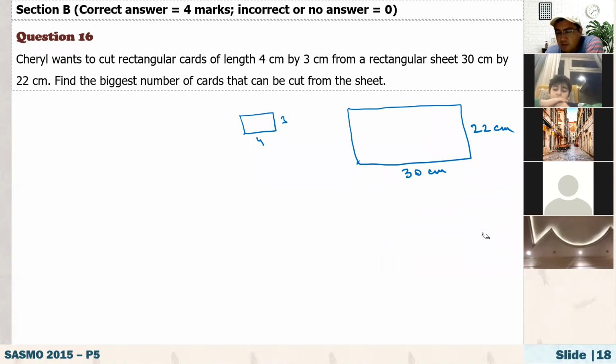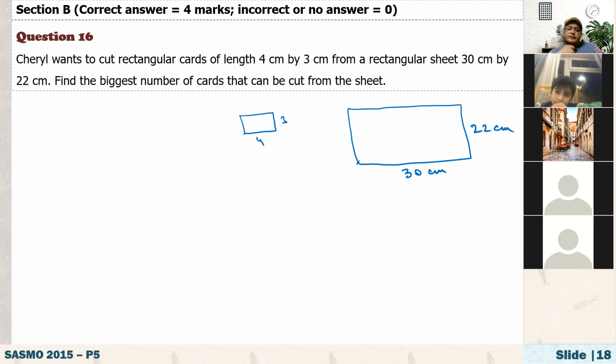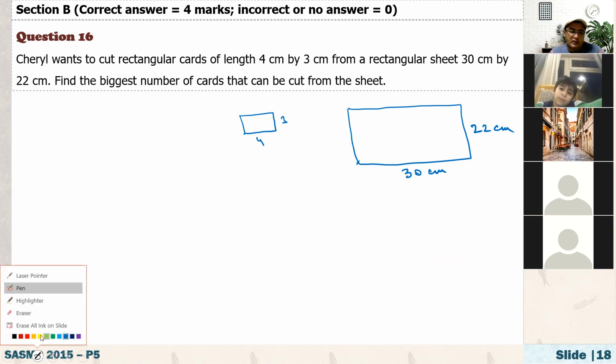I think that I need to divide 22 by 3 or 22 by 4, and 30 by 3 or by 4. Okay, if you just tell me like this, Fikriye, it will be correct.